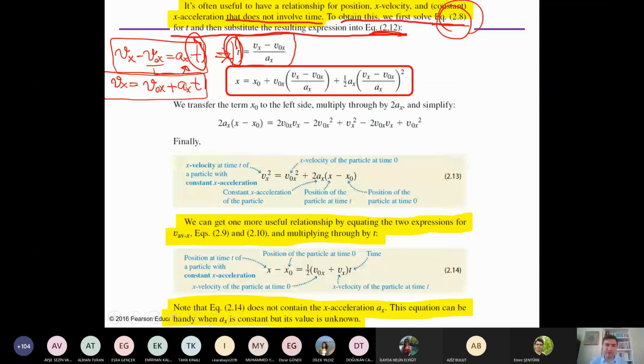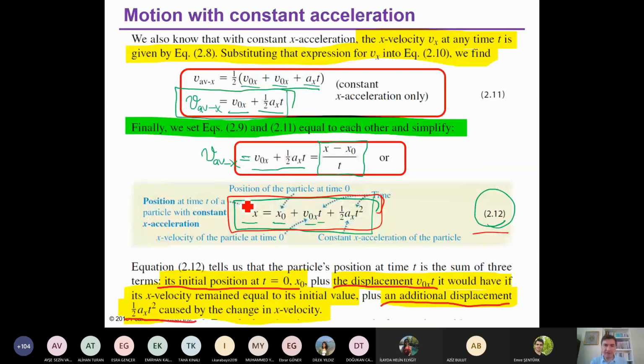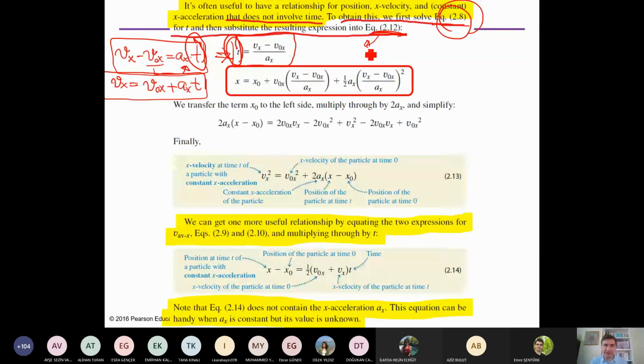Here we have t and t square. Just use t and t square here. Let me write equation 2.12: x equals x0 plus v0x times t plus 1/2 ax t square. This was equation 2.12, right?